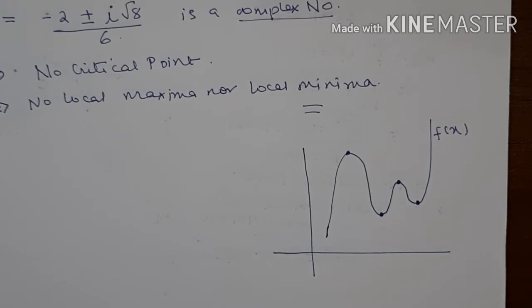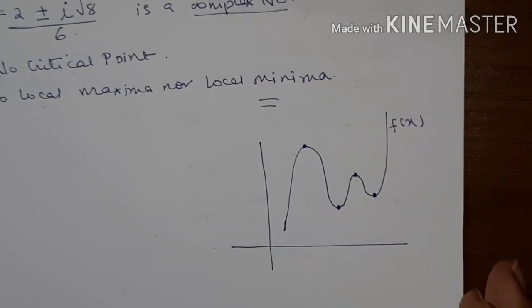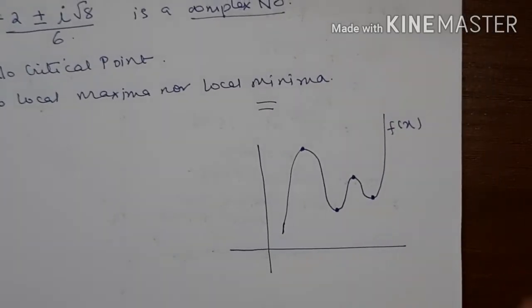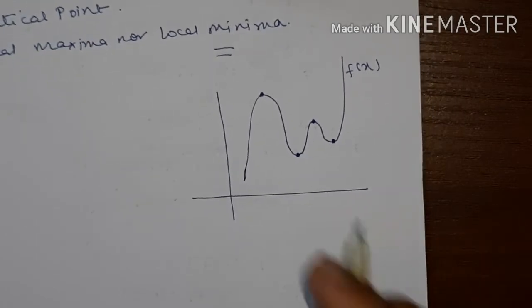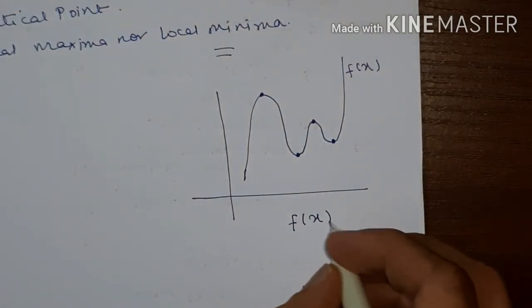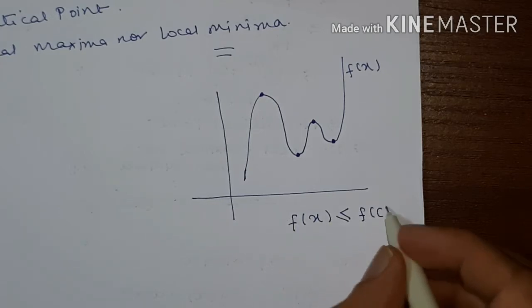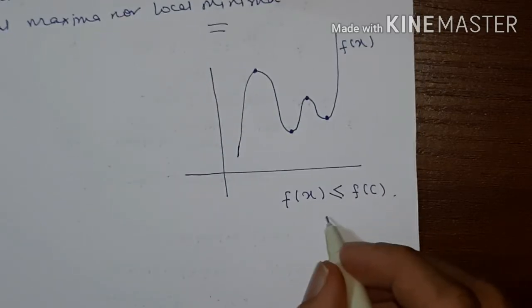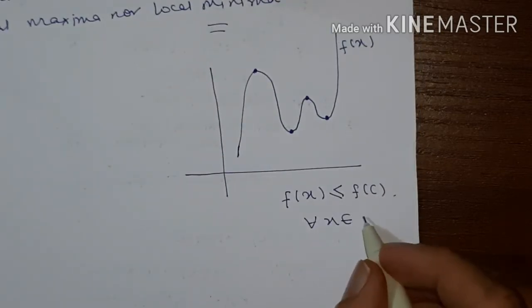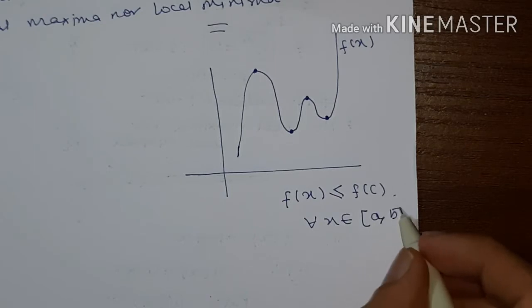Now absolute means what? Absolute maximum value means the value which is greater than all the values of the function in the domain. So f(x) is less than or equal to f(c) for all x in the interval which is given.